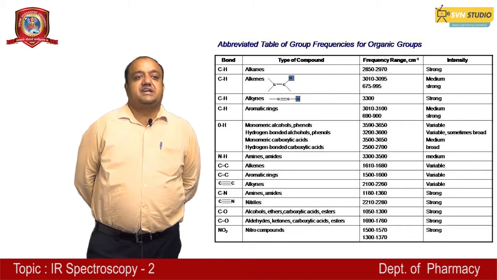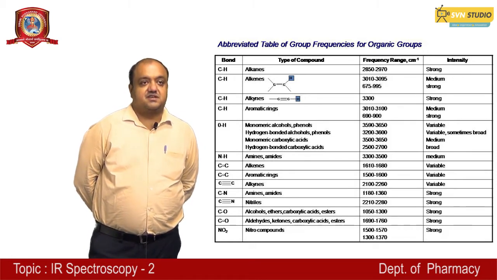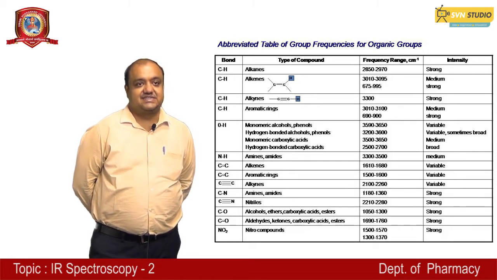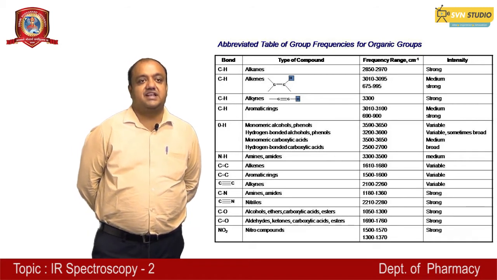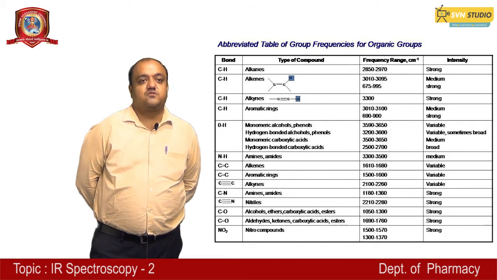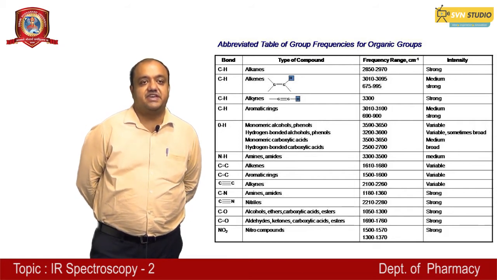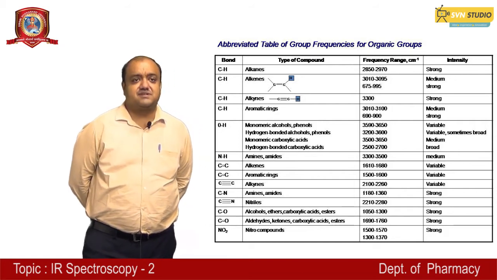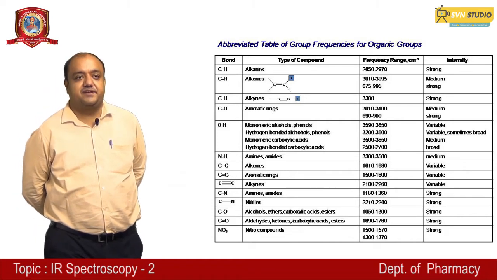The first one is C-H, in compounds like alkanes, which absorb at 2850 to 2970, and it gives a strong band.